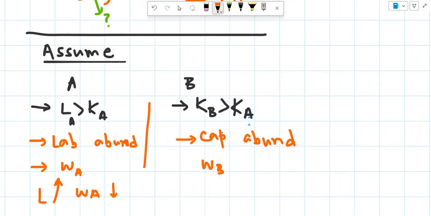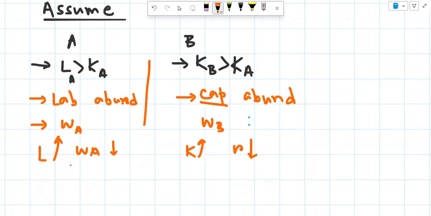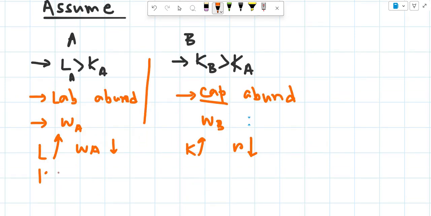And in B, because B is capital abundant, capital is more, so the interest rate is low. And in A, because labor is more and capital is less, the interest rate is high. Because labor is less in B, WB is more.